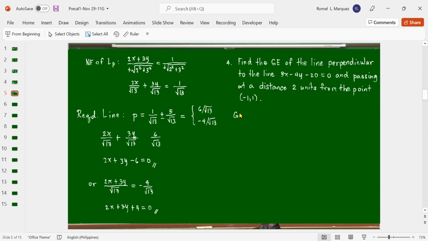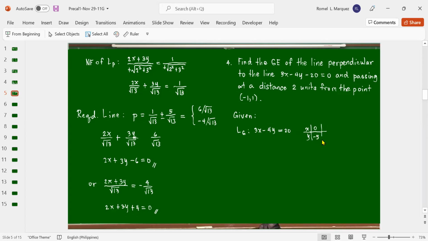First, let's illustrate the problem by graphing the given line, 3x minus 4y equals 20. Using the tabular method, when x is 0, y is negative 5.